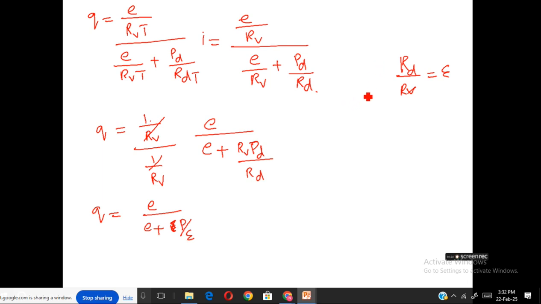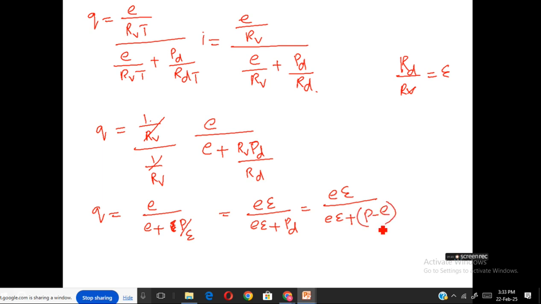So it will become E by E plus PD by epsilon, which is E into epsilon by E epsilon plus PD.